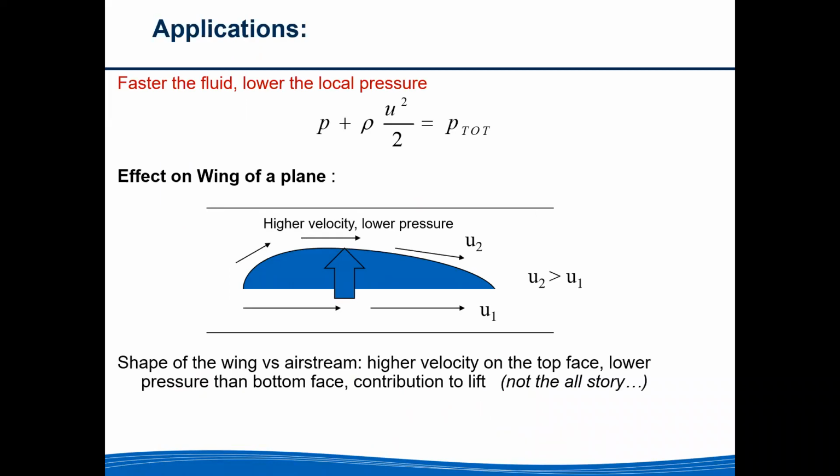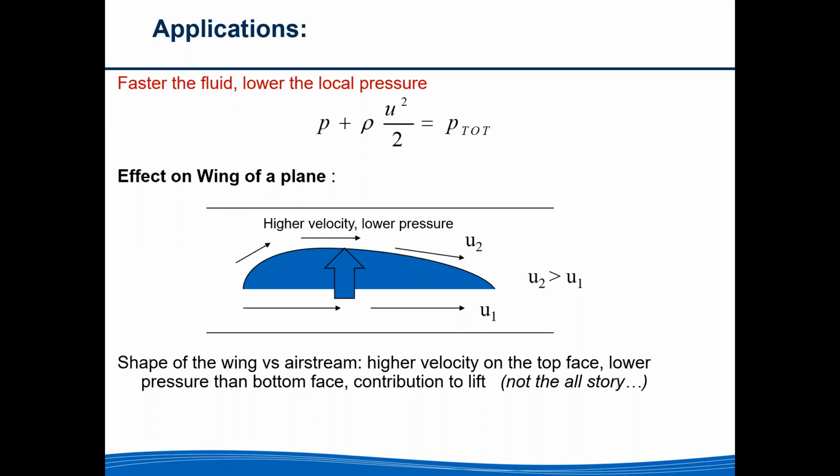And we keep this point. What this means essentially, the faster the fluid, the lower the local pressure, has very important applications in many elements. A classic example is the effect on the wing of a plane.